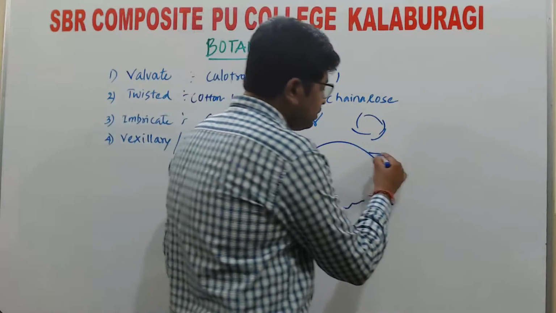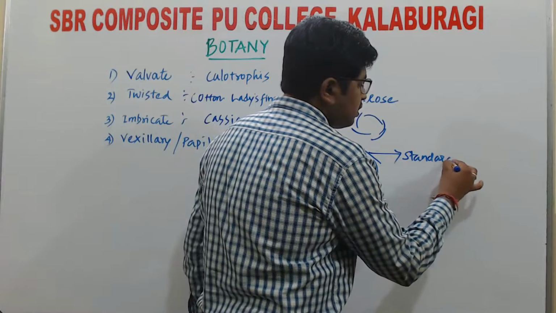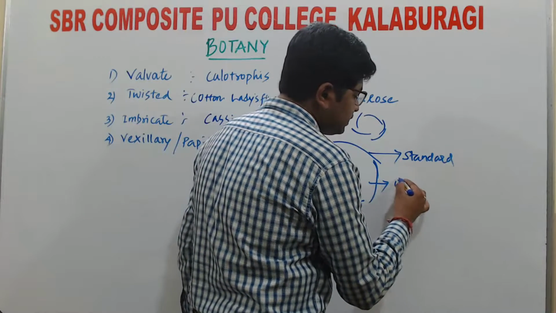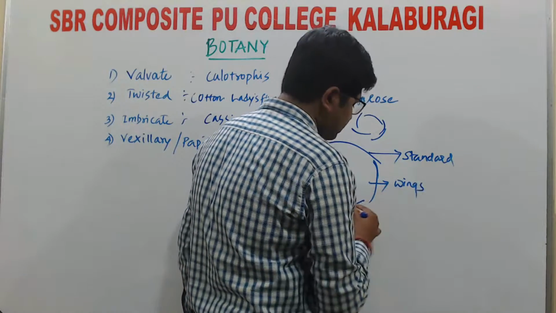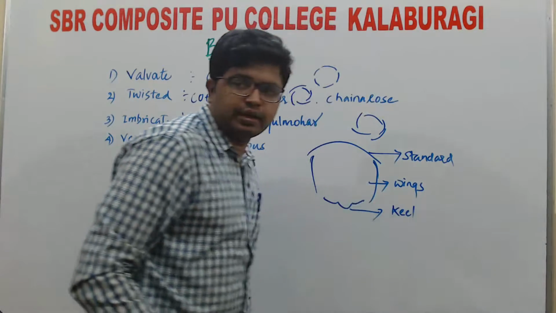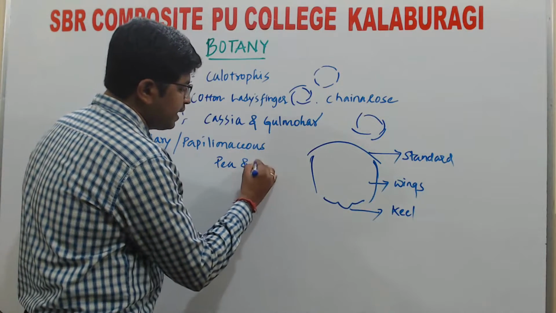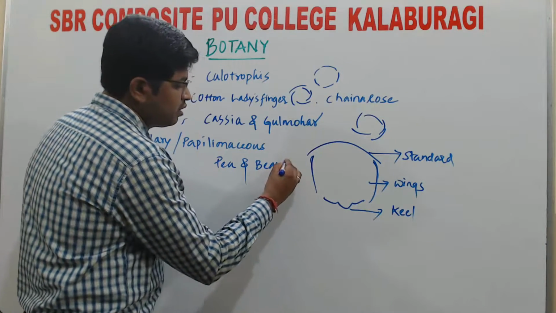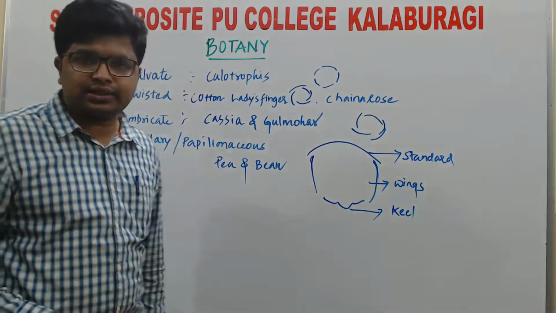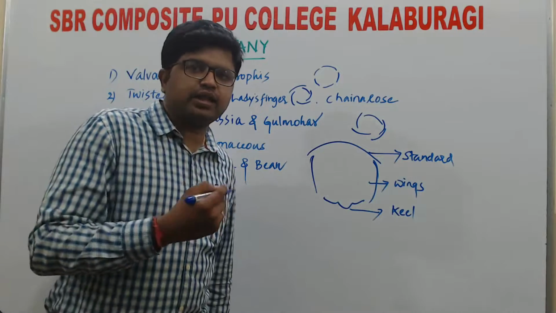So this is called the standard, this is called the wings, and this is called the keel. Okay, remember this. Examples are pea and bean. This is what we had discussed yesterday. Fine. From here, I am going to take the Androecium.